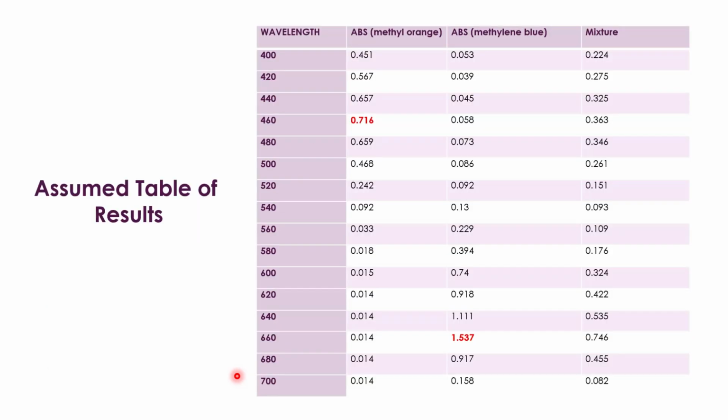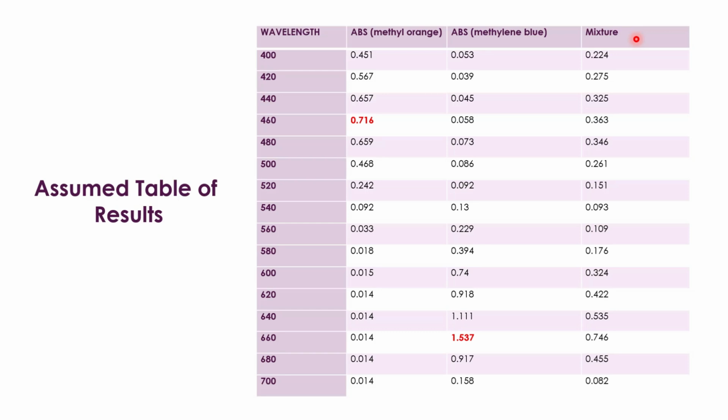So now this is just an assumed table of results after performing our experiment, and this table shows the various wavelengths that we use and the absorbance values for the methyl orange, the methylene blue, and the mixture, which happens to be a combination of equal volumes of the methyl orange and the methylene blue of the same concentration.